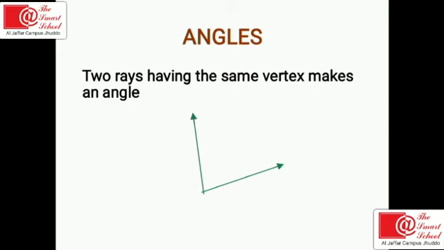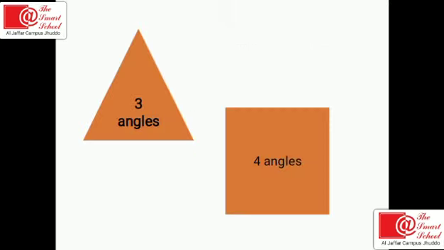Our next topic is angles. Two rays having the same vertex make an angle. It means when two rays meet at a common endpoint, it makes an angle. There are some shapes which show the angles.